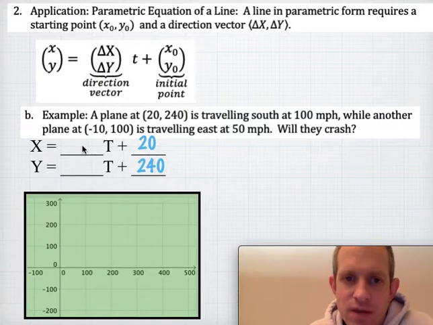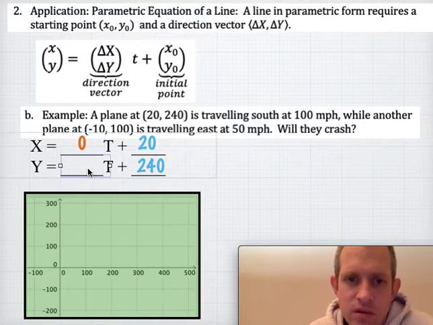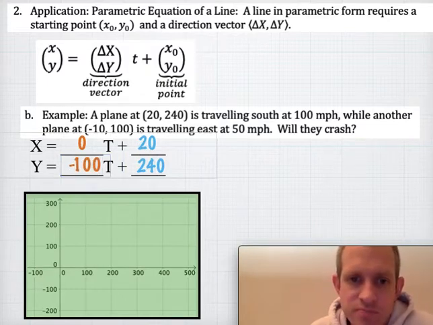And so that means it has no horizontal component. And so I can put a 0 in there. And it's going south at 100. According to normal x, y's, and so forth, south is down with the y coordinate, so it's a negative number. So I'll put a -100 in here.